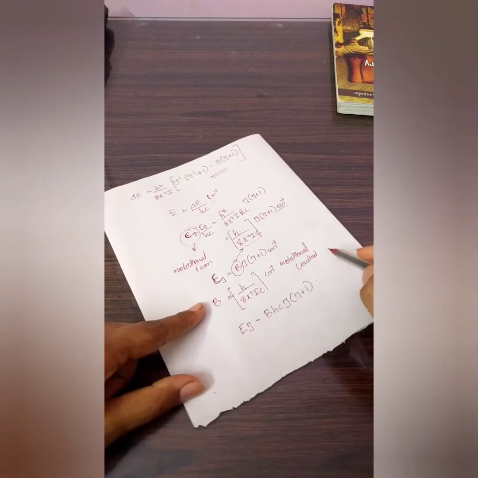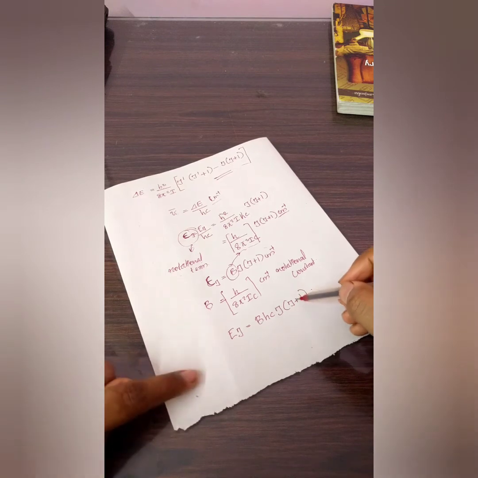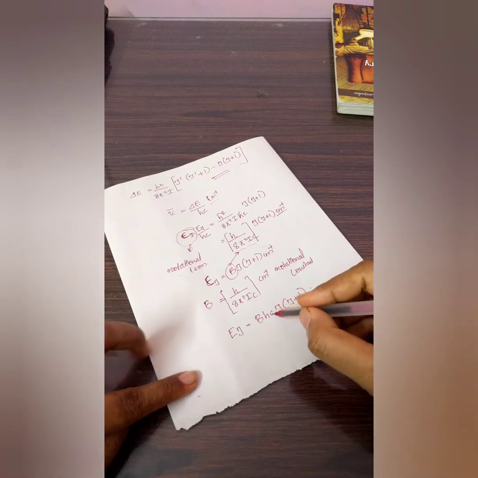When you substitute j values, 0, 1, 2, 3 and so on, you will get the allowed rotational energies of a rigid diatomic molecule. If you keep the value of j as 0, the molecule is in the ground state, and you get energy as 0.